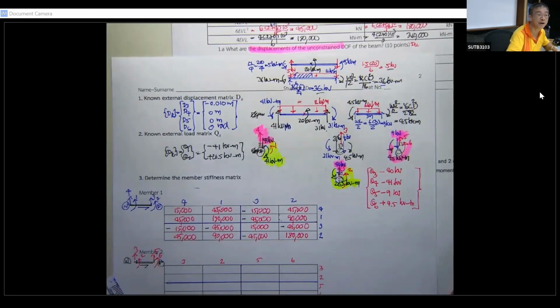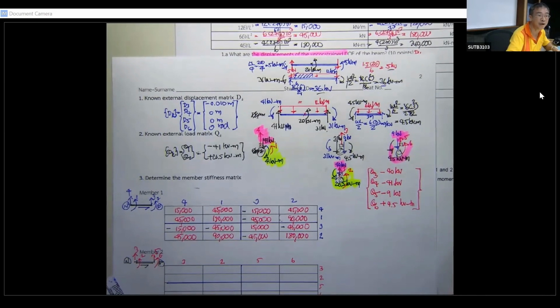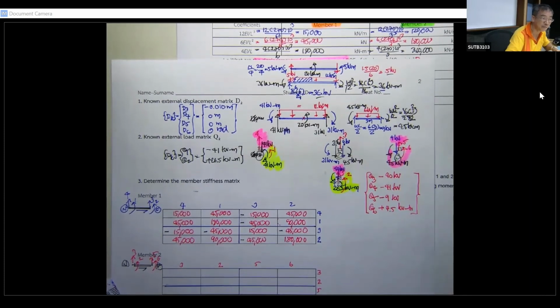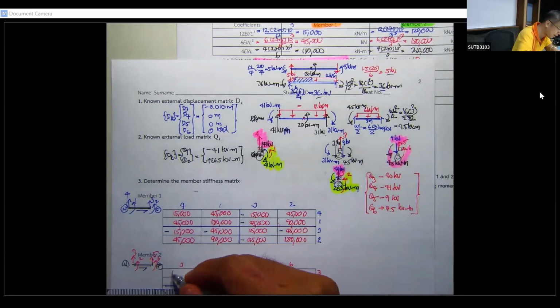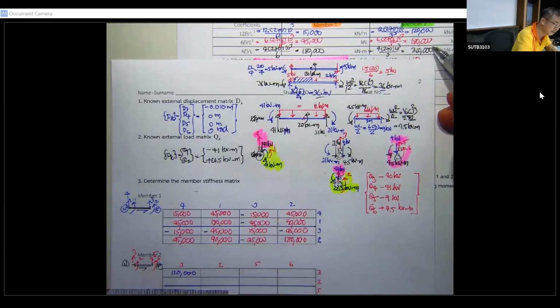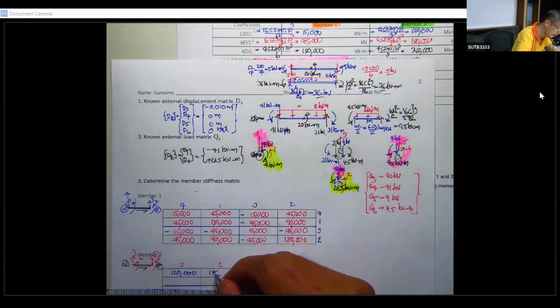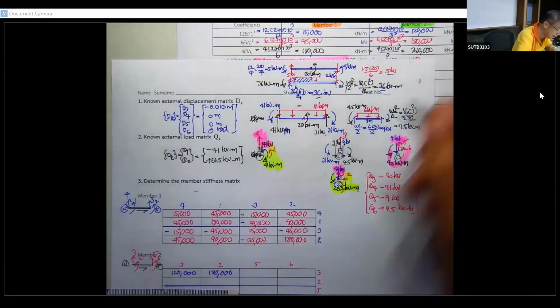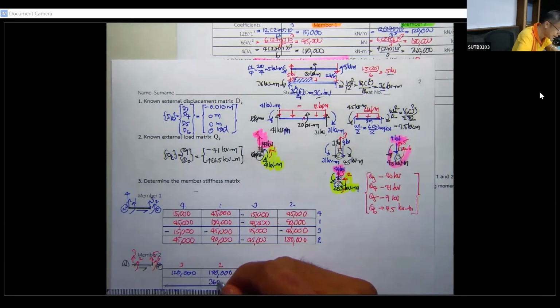What you have for the number is going to be over here. Okay, let me put it in the first block. The first block is here. This is 120,000, and then this is going to be 180,000, and this one going to be 360,000, and by the symmetry, this is 180,000.